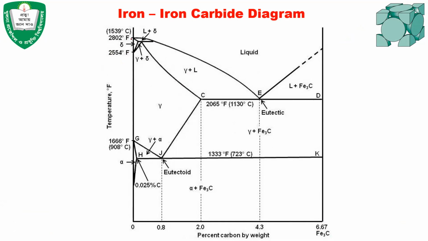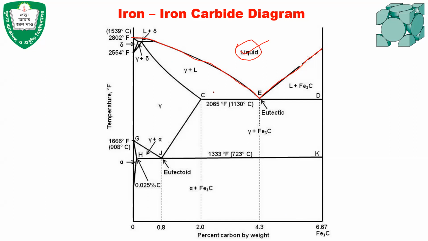On the top line, up to the eutectic point, and then it goes like that, this region is the liquid region. Above these lines, the alloys with various carbon content up to 6.67% are 100% liquid, and above this temperature, the pure iron is also 100% liquid in this region.